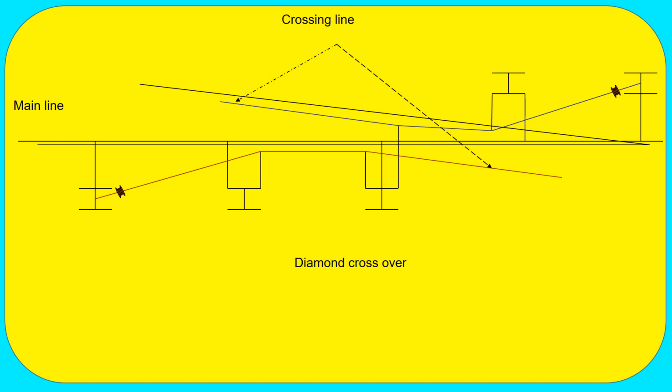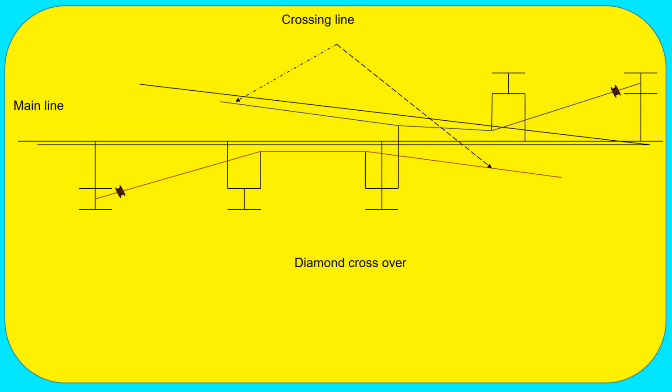Nowadays, as far as possible, diamond crossing is avoided. Diamond crossing means one running track will cross the other running track. That is called diamond crossing. Somewhere, mainly in Nagpur, there is diamond crossing. Where this type of track is there, the conductors are arranged in this way.